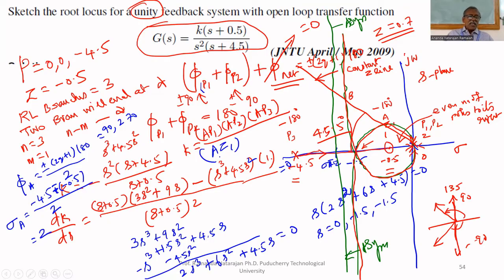Because A is called the dominant pole. Suppose one work has to be done by two persons. One person is doing very fast, another person is doing very slow. The slow person completes the work in half an hour, and the fast person completes his part in 15 minutes.